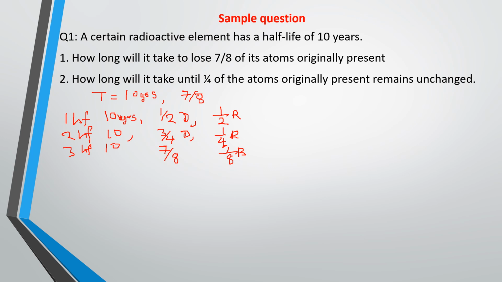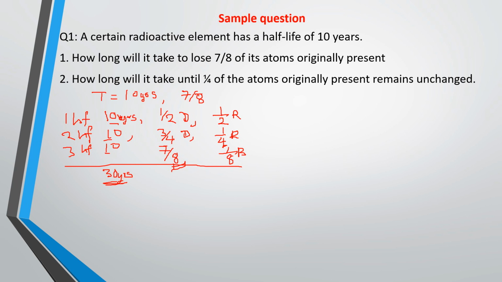So if you look at this method, you see that 10 plus 10 plus 10 is equal to 30 years. It means it takes 30 years for this substance to decay to 7/8 of its original amount. So this is the solution that you are looking for.